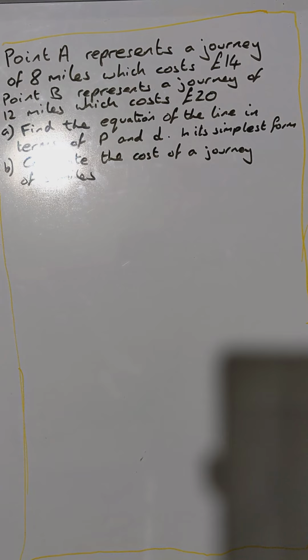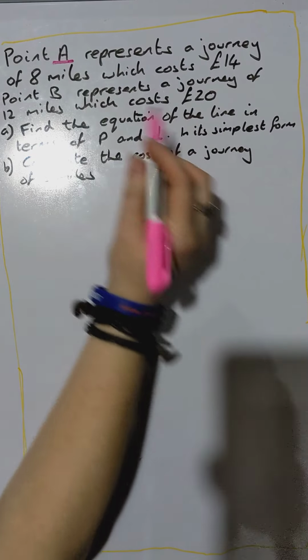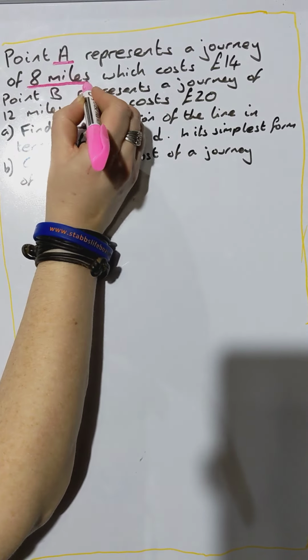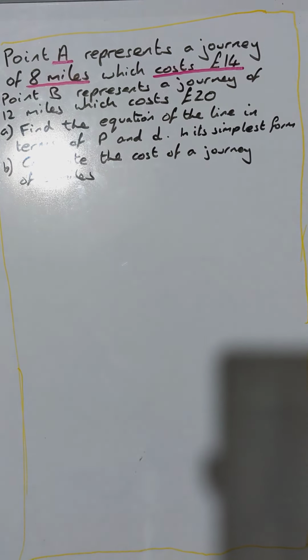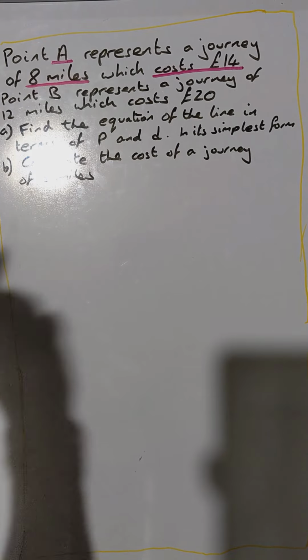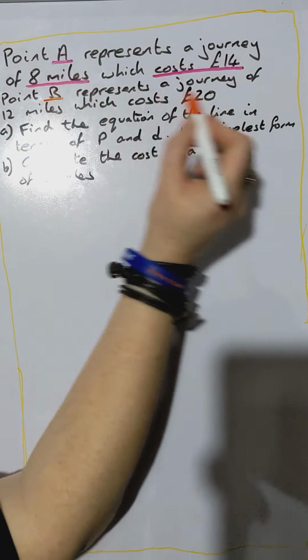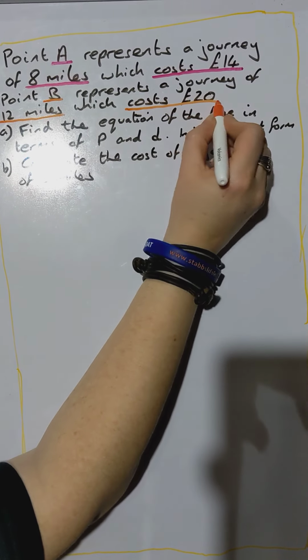Right, let's start with finding our important information. Point A represents a journey of 8 miles and costs £14. Point B represents a journey of 12 miles and costs £20.